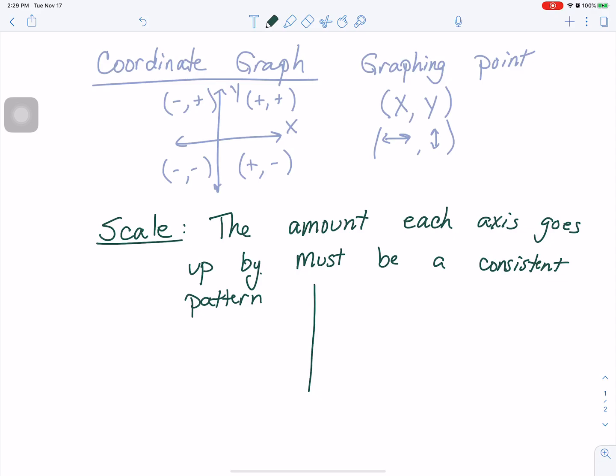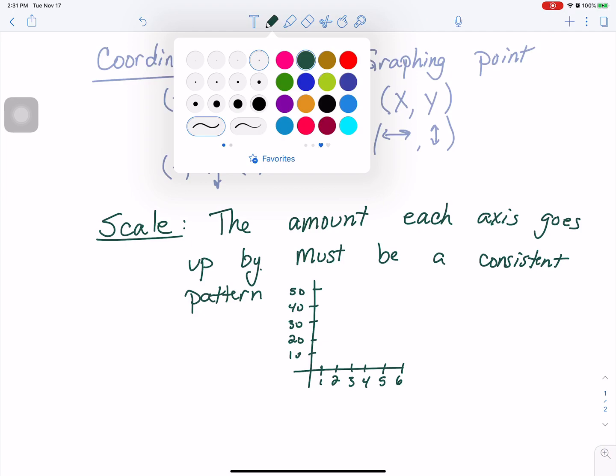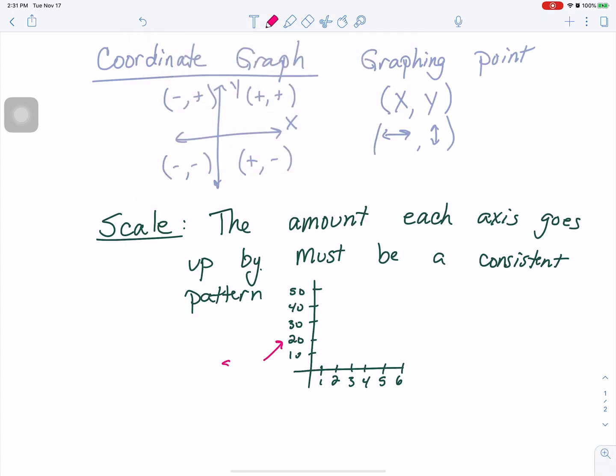So if I give you an example here, we can have a scale of 1 on our x-axis, and maybe we have a scale of 10 on the y. But we can't just have it go like 3 and then 10 and then 15 and 16. It has to go up by a nice amount. So this has a scale of 10. And down here, we have a scale of 1.